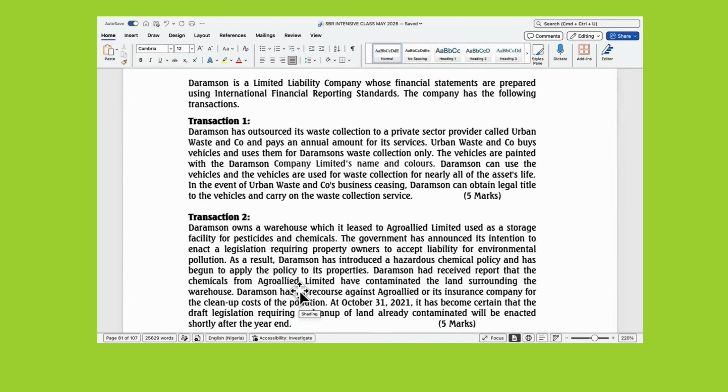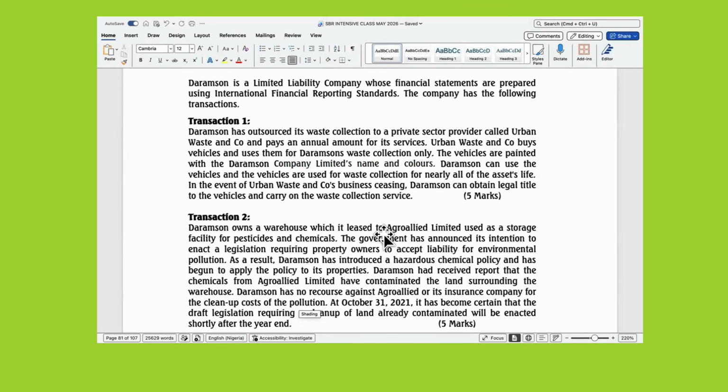For transaction 2, it says Daramsin owns a warehouse which is leased to Agro-Allied Limited, used as a storage facility for pesticide and chemicals. The government has announced its intention to enact legislation requiring property owners to accept liability for environmental pollution. As a result, Daramsin has introduced a hazardous chemical policy, and has begun to apply the policy to his property.